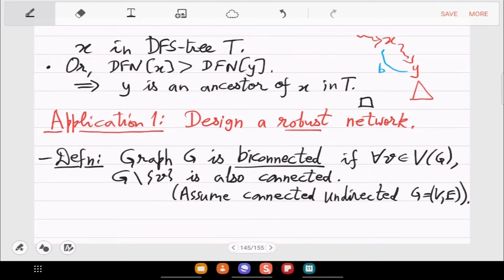Okay, so G is a connected undirected graph, and we call it bi-connected if for every vertex, when you remove the vertex, the graph is still connected.